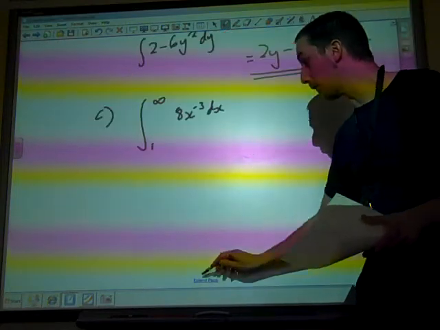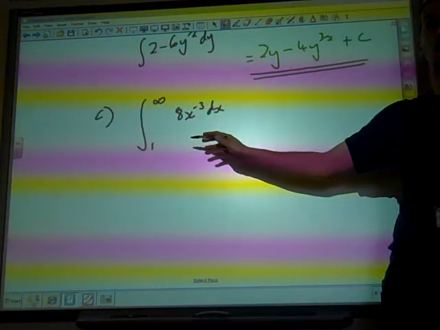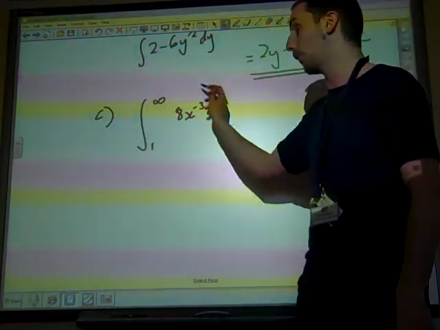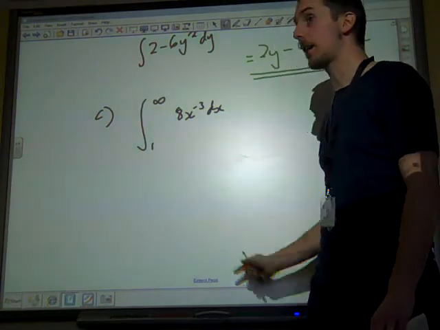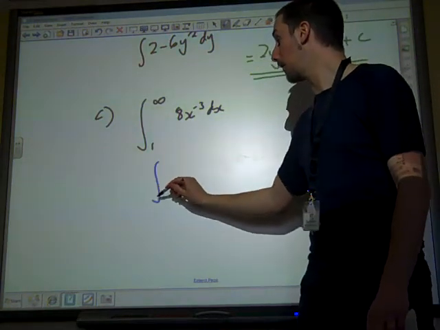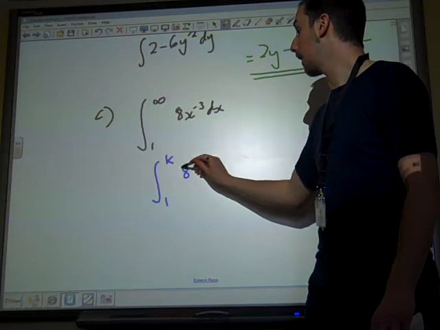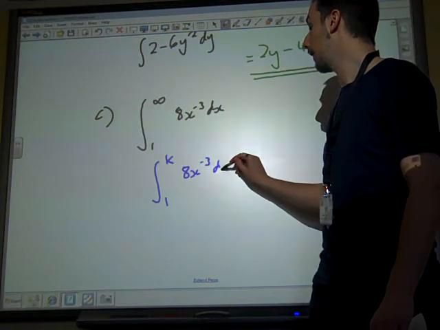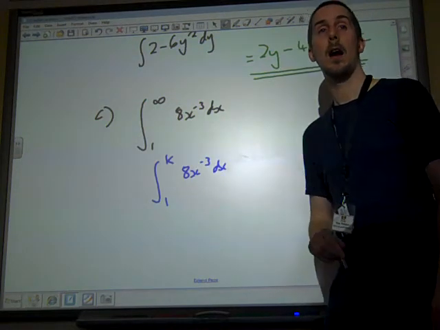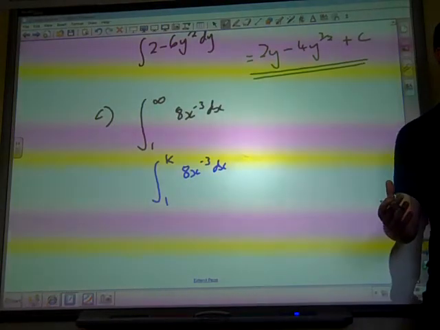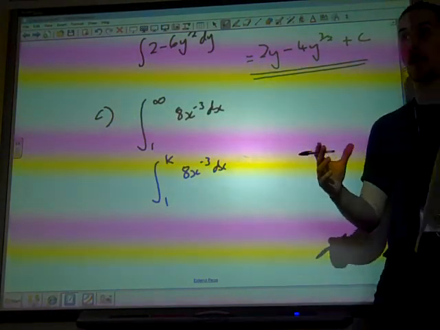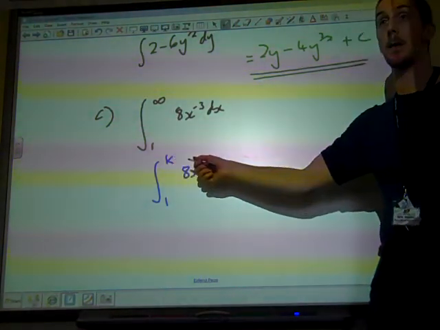So the way that I'd encourage you to deal with this kind of question is, instead of working out that integral, let's make up our own sum. Let's do the integral from 1 to k of 8x to the minus 3 dx. And let's work with that. So that avoids all this problem with infinity. We're going to use k instead.